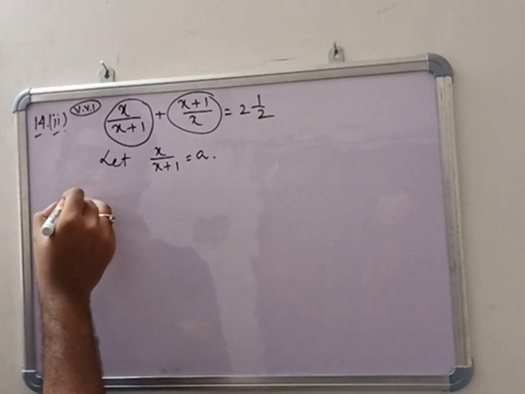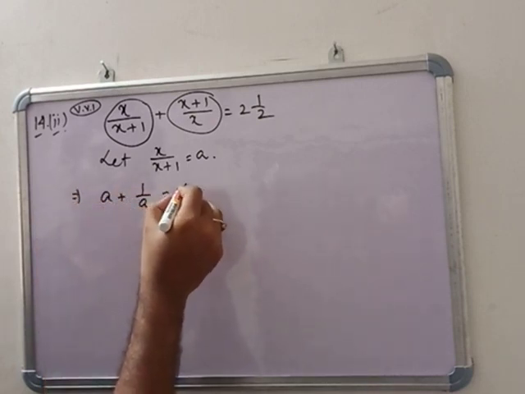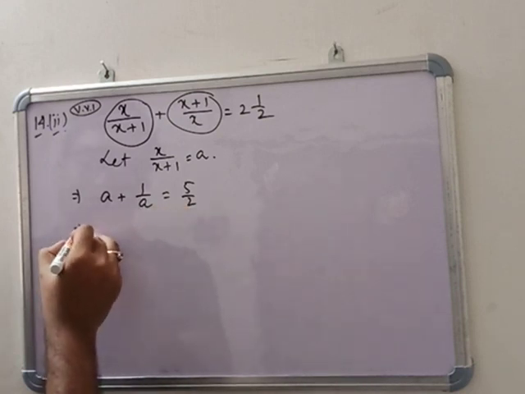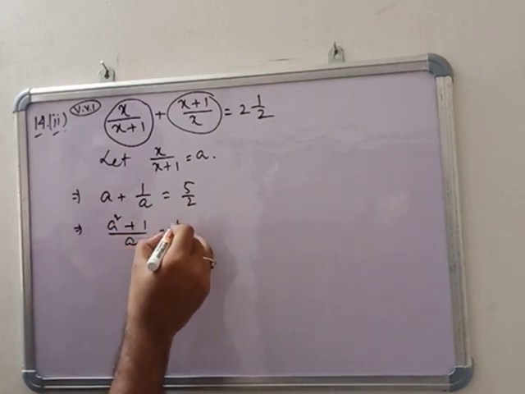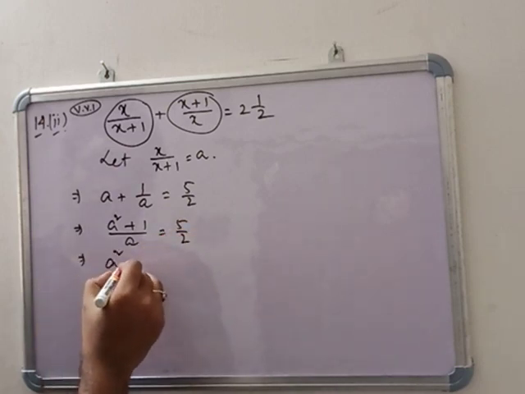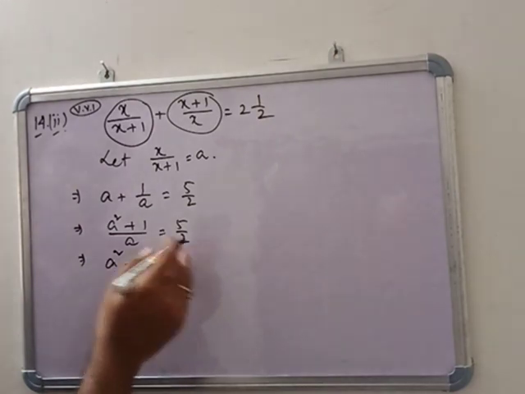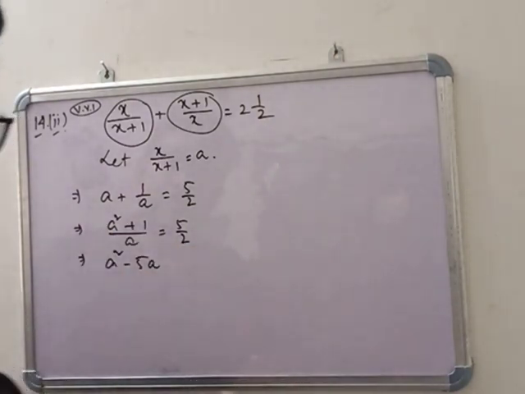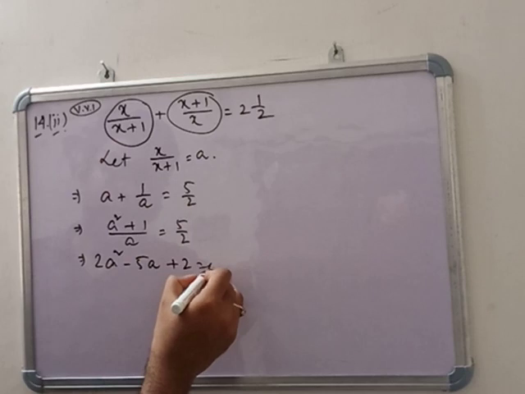a. That means a plus 1 by a equals to 5 by 2. That means a square plus 1 by a equals to 5 by 2. That means 2a square minus 5a plus 2 equals to 0.